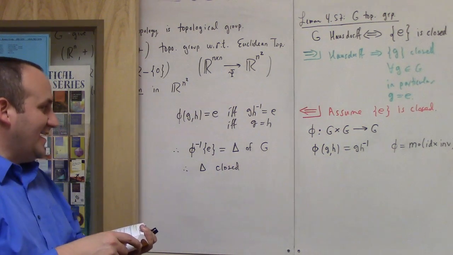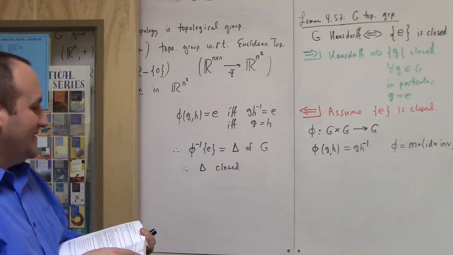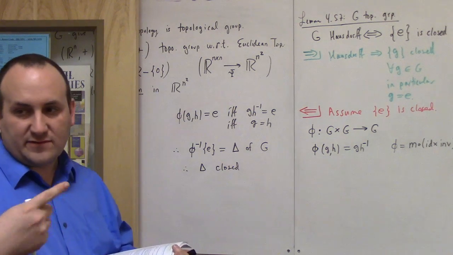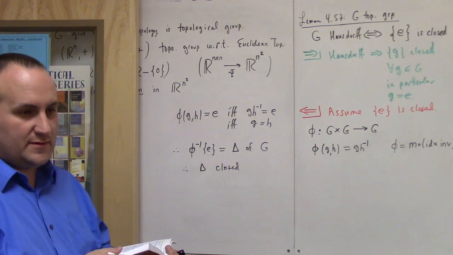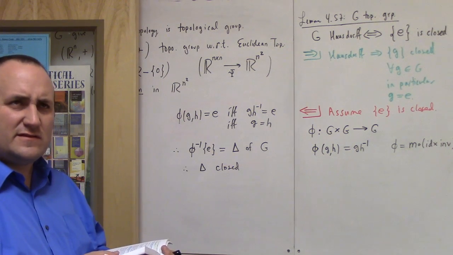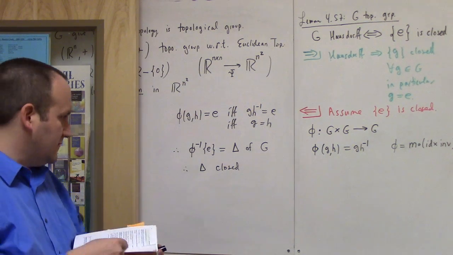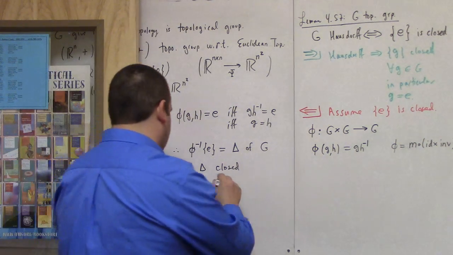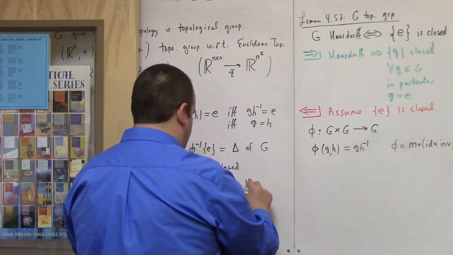Let's see here. So the diagonal's closed, and we proved before that the diagonal is closed if and only if the space is Hausdorff.